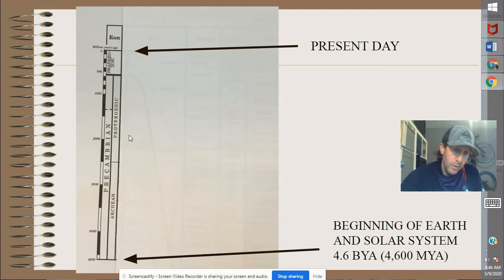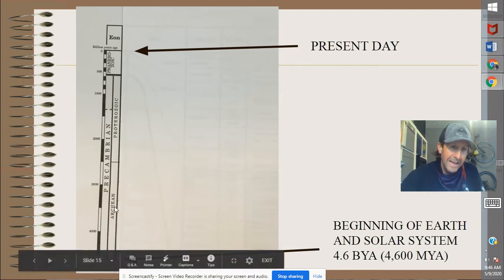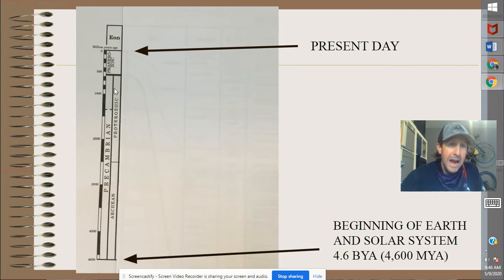So we go all the way up through the Precambrian, which is broken up into the Archean and the Proterozoic. And then right here, about 544 million years ago, we enter into what we call the Phanerozoic. The Phanerozoic runs from about 544 million years ago to present. You can see here, present day at the top.